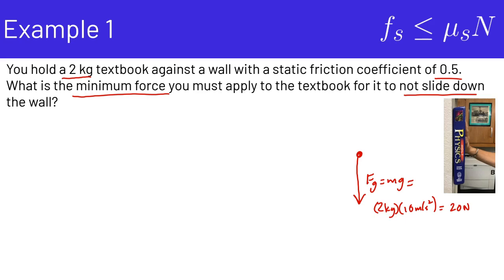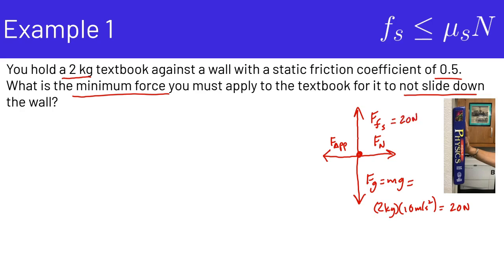We are pressing against the wall with an applied force, which is what we're trying to figure out. That gives us a normal force, which is balanced with that applied force. And then we have a static friction force here, which is balanced with the 20 newton gravitational force.